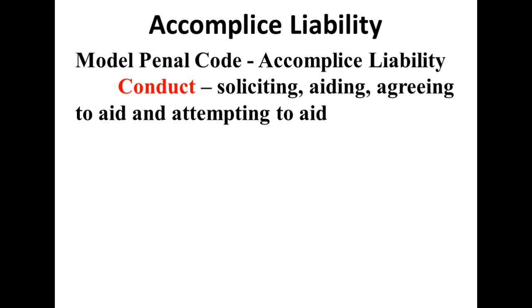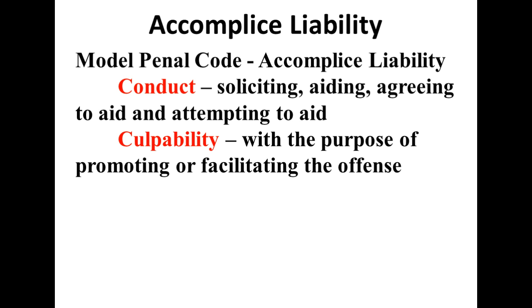At common law, one attempting to aid would not be an accomplice because they wouldn't have actually aided. Under the Model Penal Code, if one attempts to aid but doesn't actually accomplish the aiding, they can be found to be an accomplice. And they have to have the culpability of the purpose of promoting and facilitating the offense. It has to be their conscious object to promote and facilitate the offense.